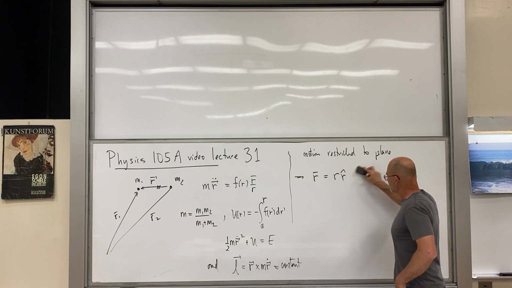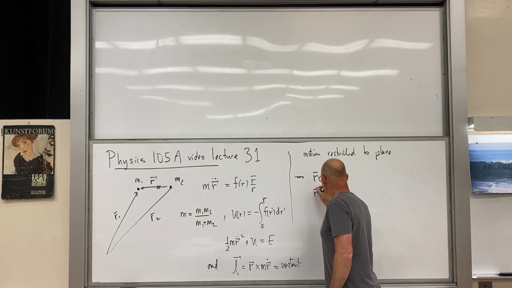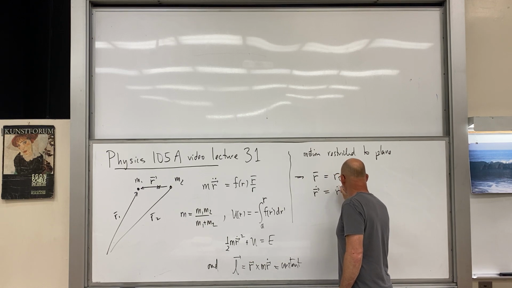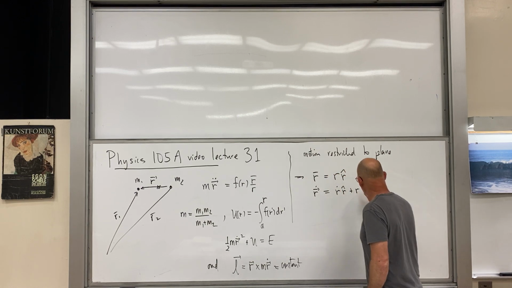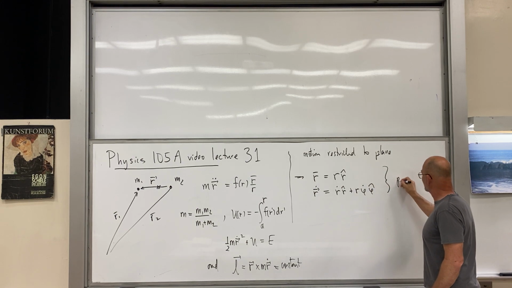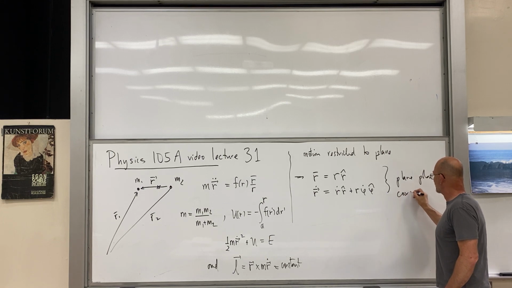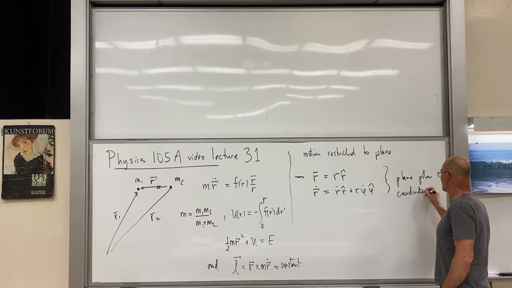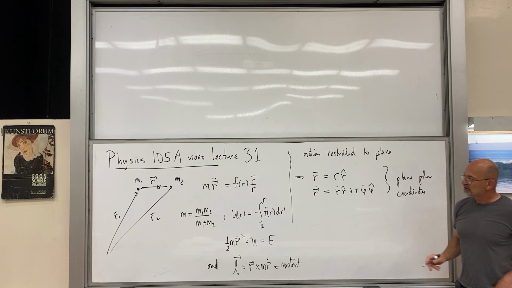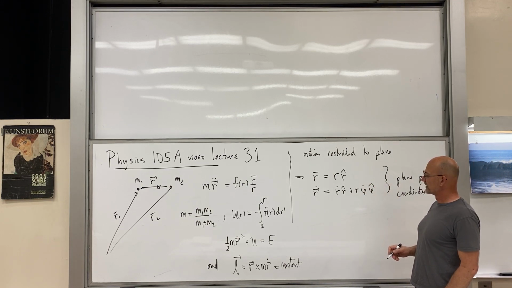Oh, that's right, just like that. So plane polar coordinates, and then r dot would be r dot r hat plus r phi dot phi hat, right? Plane polar coordinates. So that was the reduction of two-body problem to a one-body central force problem.